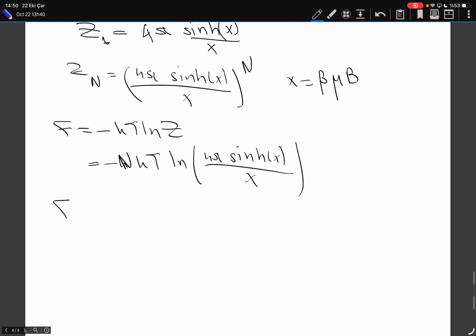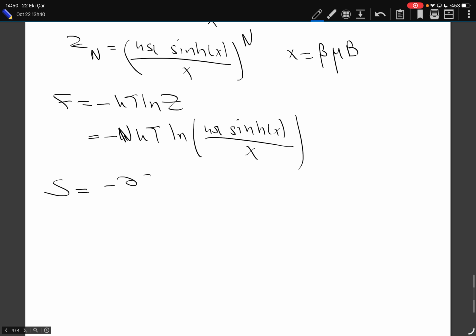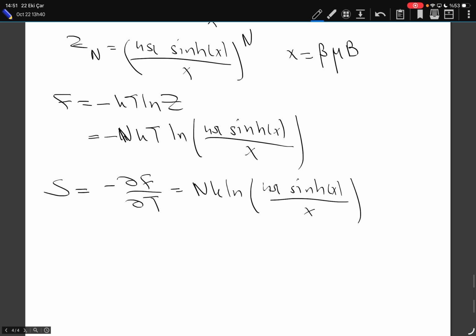Now the entropy of the system will be the derivative of free energy with respect to temperature, with a minus sign. This will be nk logarithm of 4 pi sinh x over x. This is the derivative of the factor multiplying t.